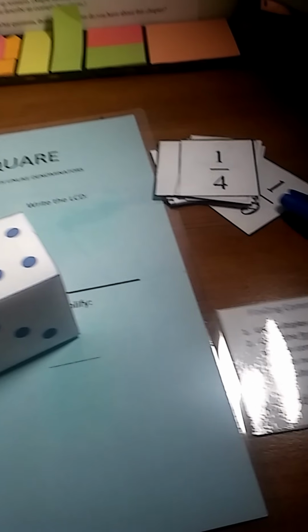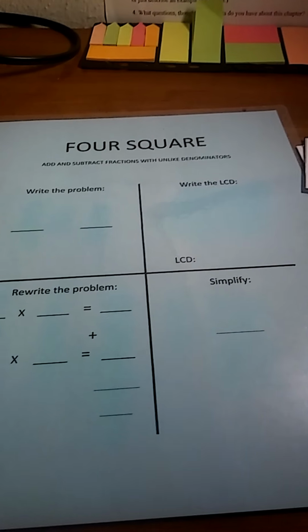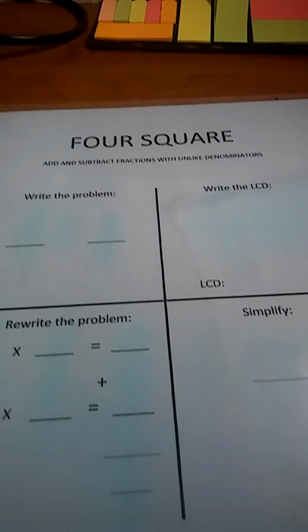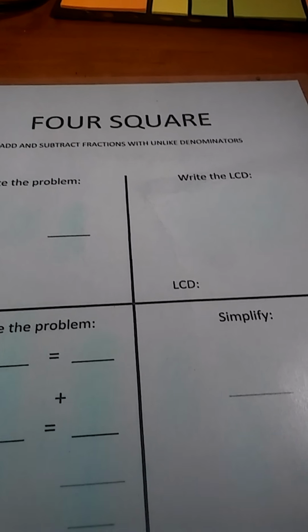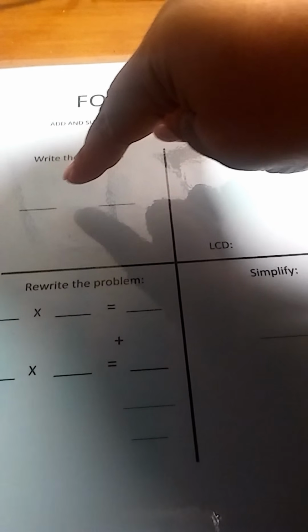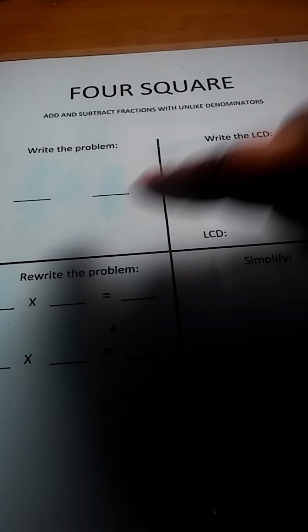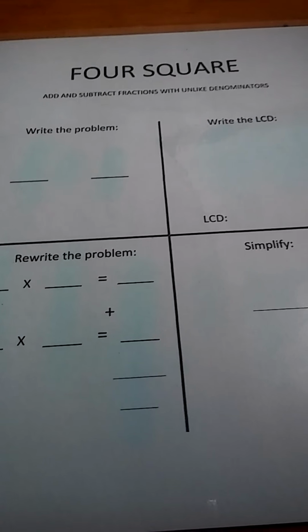And the game can be played with 2 or more players. The player that finishes the most rounds wins, and all players complete the same fraction problem in each round to see who gets it correctly first. And so the students are to go in order to get the final answer.